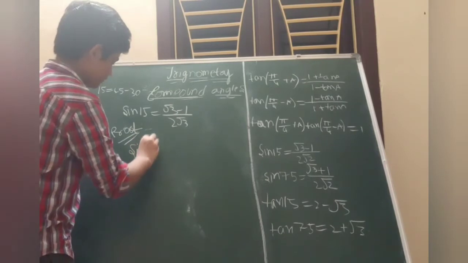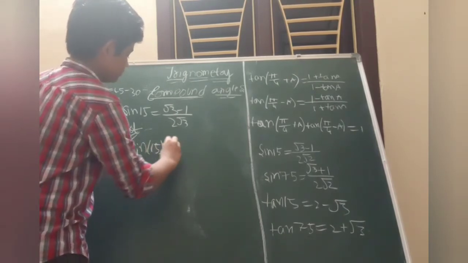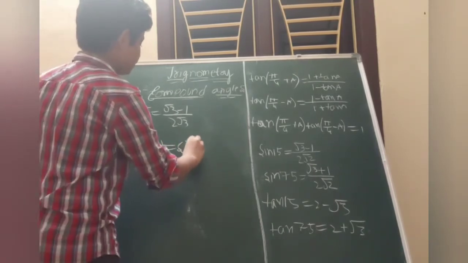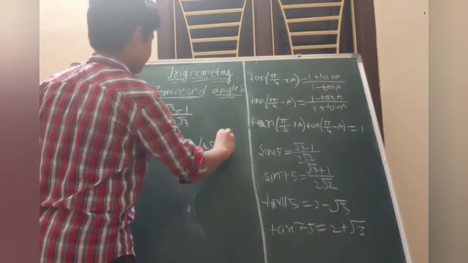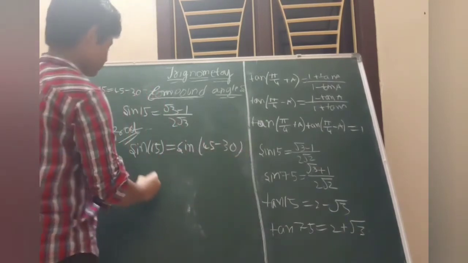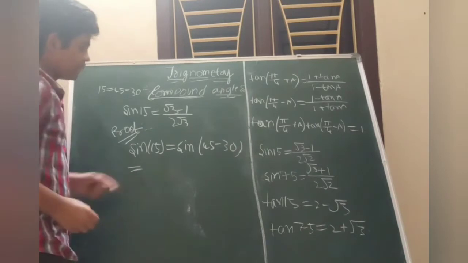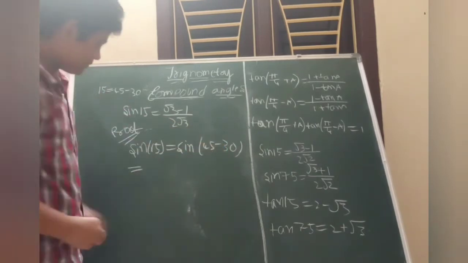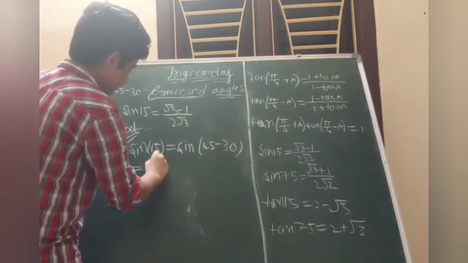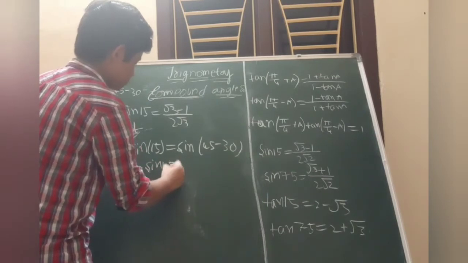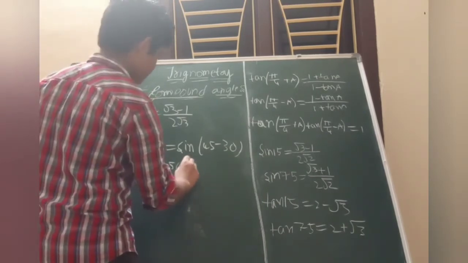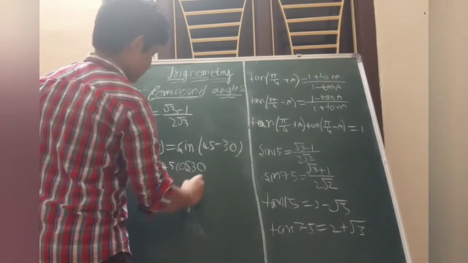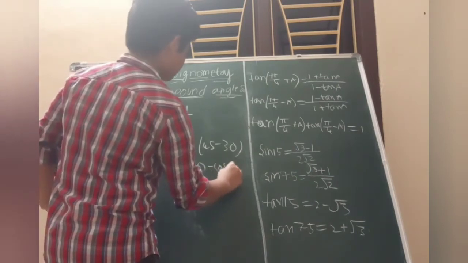Sin 15 is equal to sin of 45 minus 30. So from here, if we apply the sin of A minus B formula, it becomes sin A into cos B minus cos A into sin B.